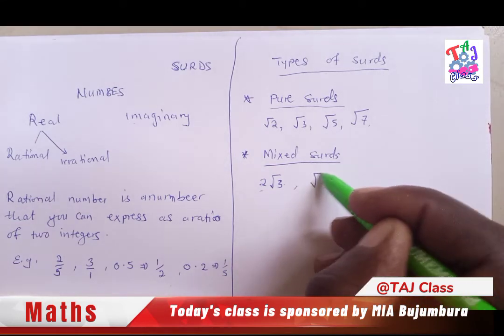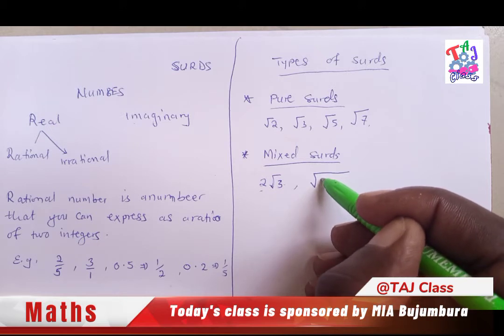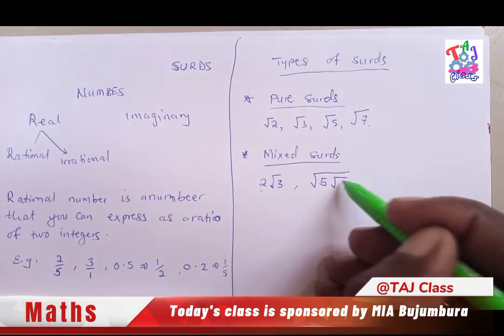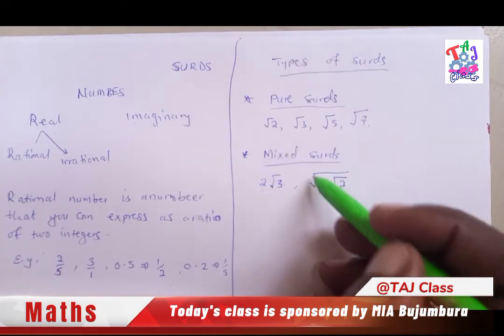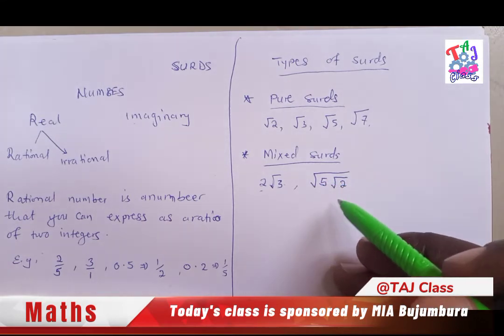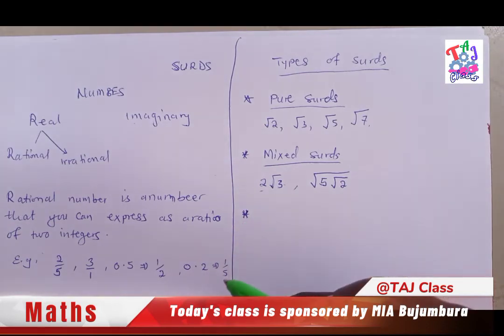Another example can be given this way: the square root of 5 and a square root of 2. This one is also a mixed surd because it has gotten 2 rational numbers, though they are all under root. And then the other example I can talk about is binomials.